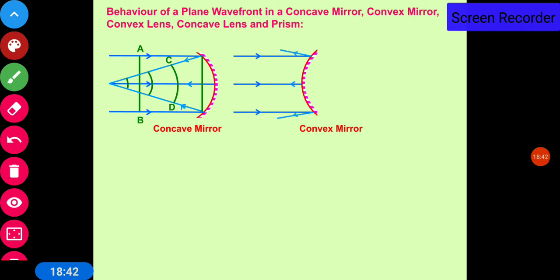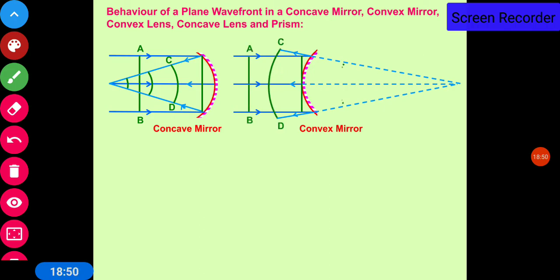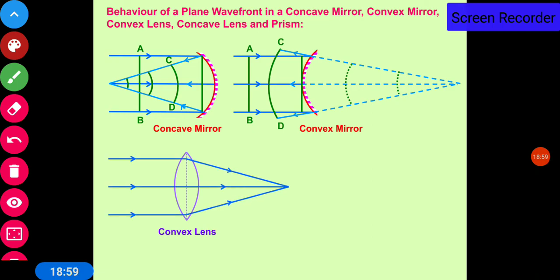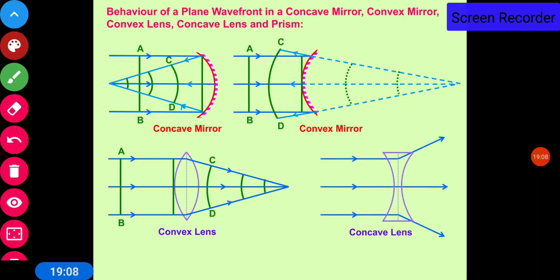Similarly, for a convex mirror, the rays after reflection diverge, so the plane wavefront changes into a diverging spherical wavefront. For a convex lens, the plane wavefront changes to a converging spherical wavefront, and for a concave lens the plane wavefront changes into a diverging spherical wavefront.